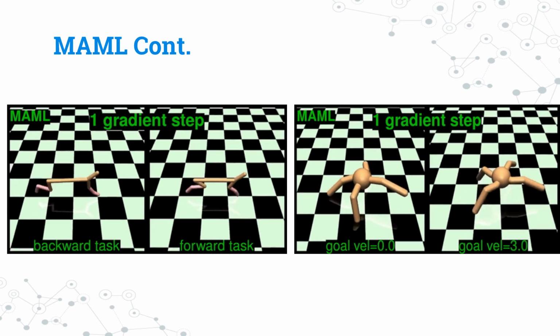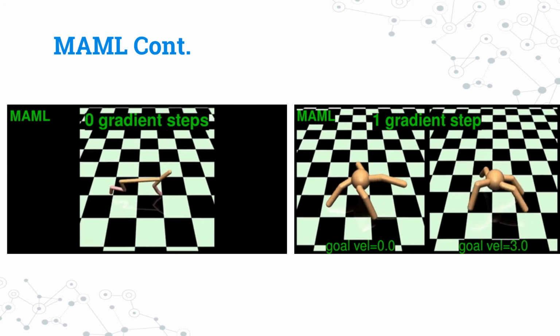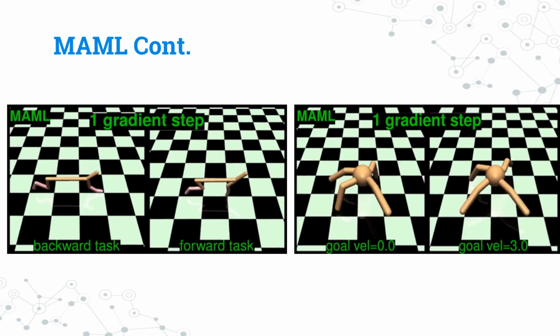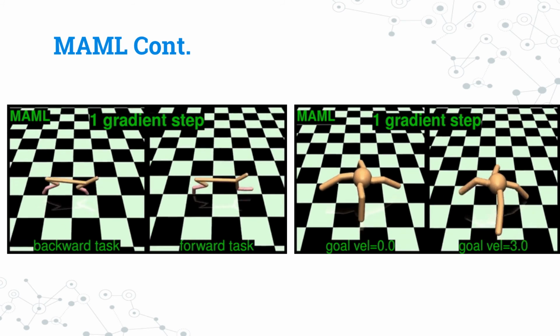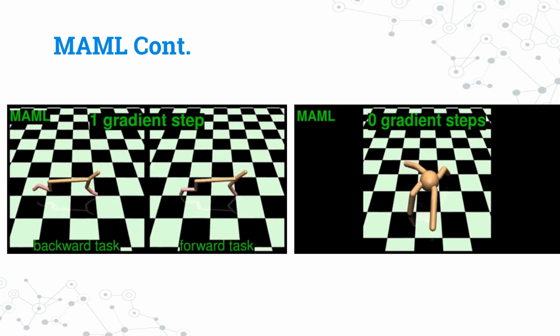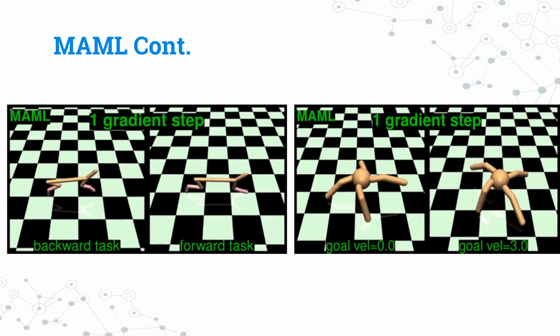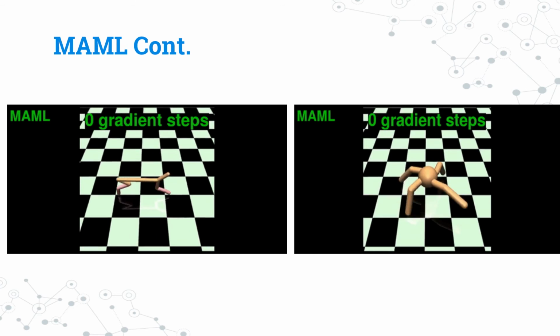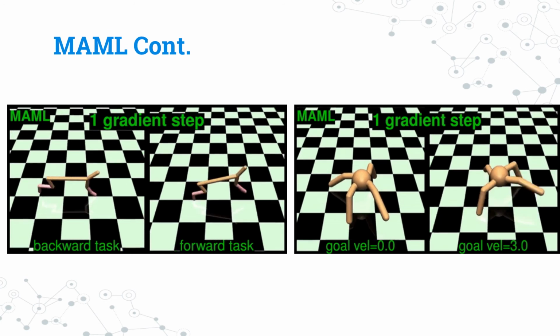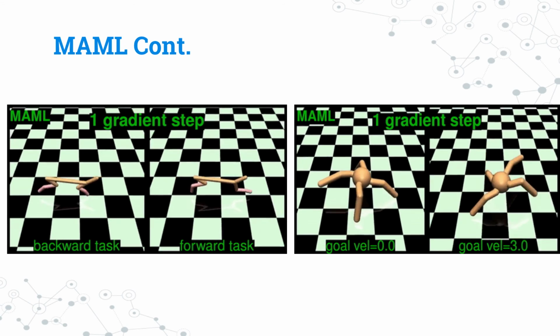So instead of having to train a new model for each task, you have one model that you only have to train for one step to do well at different tasks. So that one step is faster. A typical policy gradient method would probably take on the order of millions or even billions of gradient steps.